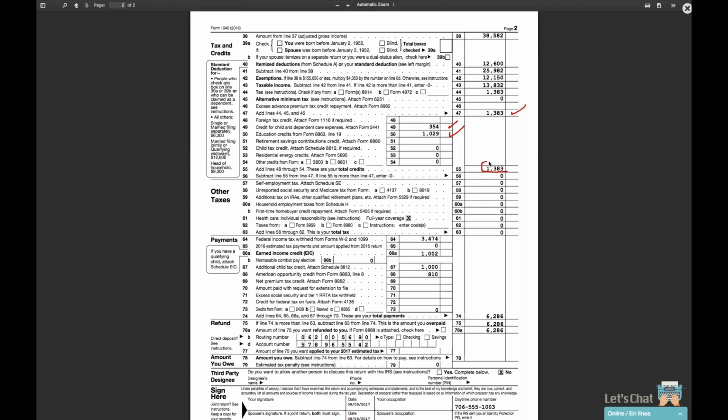So that's going to take care of that, right? So when you go to total tax at the bottom, at the very bottom, you have 0. You don't have any more tax, which means that your refund is going to be beautiful, right? Because you don't have to pay taxes from your refund. So happy customer. Happy customer.